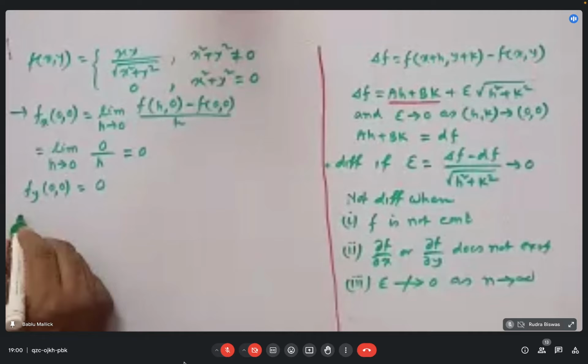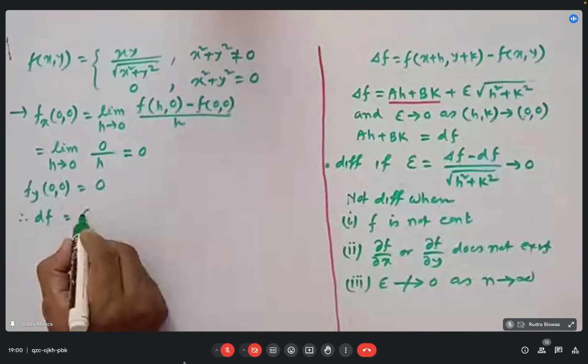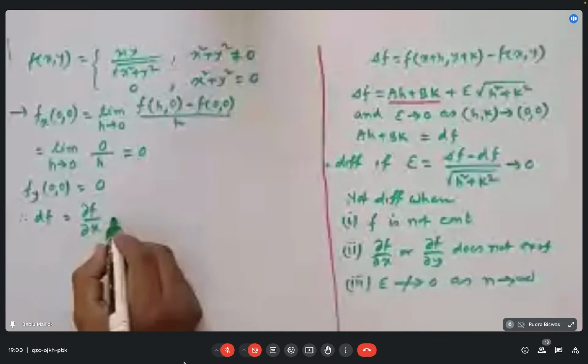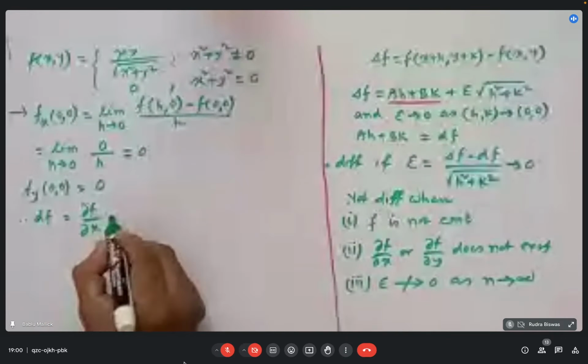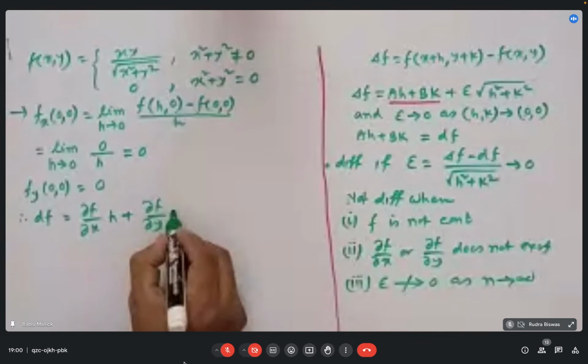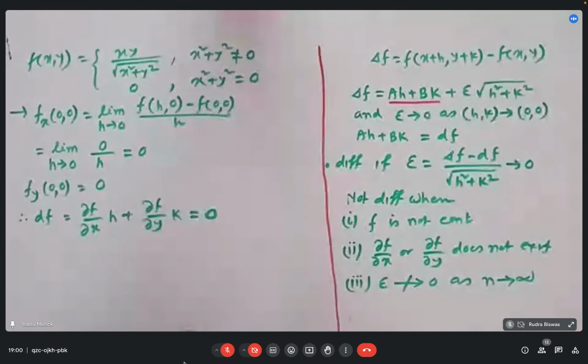Therefore df is equal to del f del x into h plus del f del y into k, which is equal to 0.